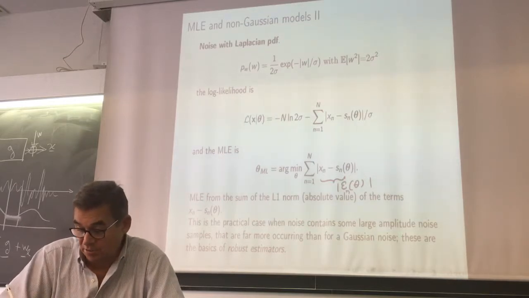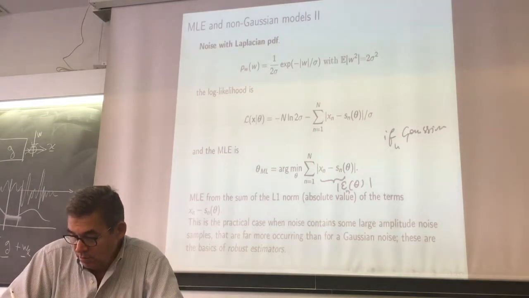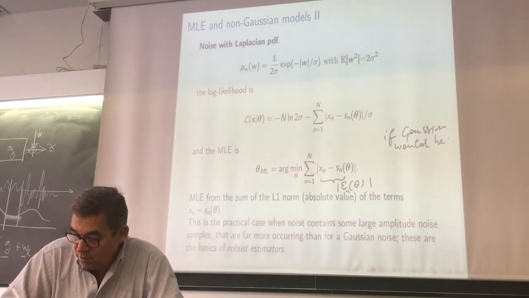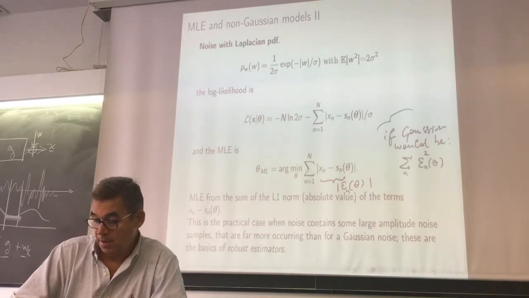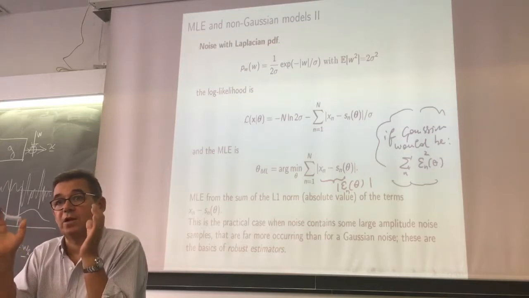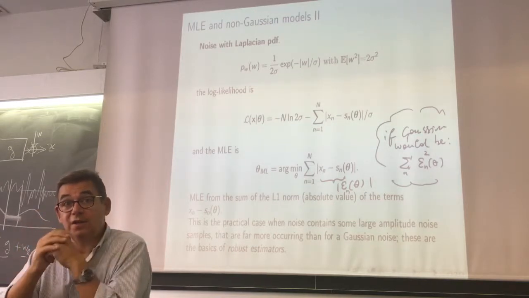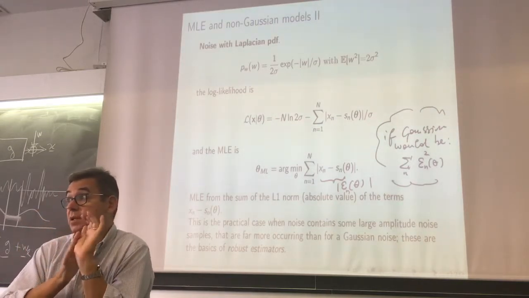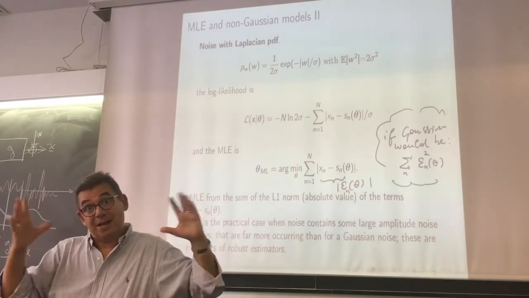If Gaussian, just to recall, it would be the sum of epsilon_n(theta) squared. Just to remind you. So the Laplace is summing the absolute value; the Gaussian is summing the square. So what does it mean? It means that, if it is Laplace, the larger errors are not counted with the square.